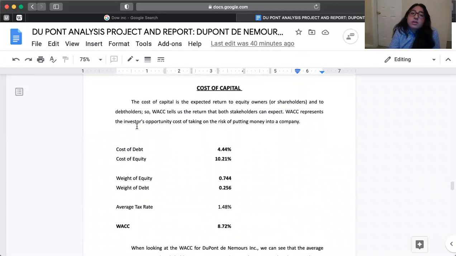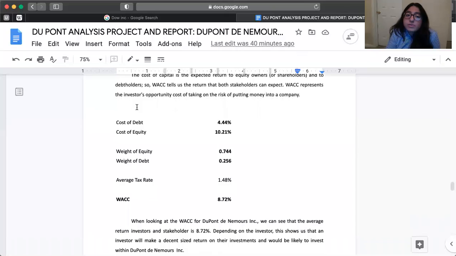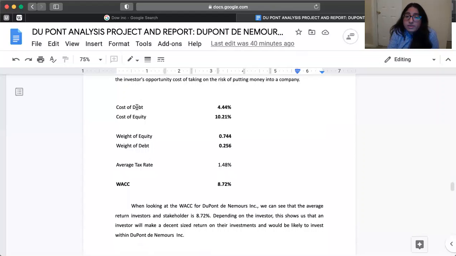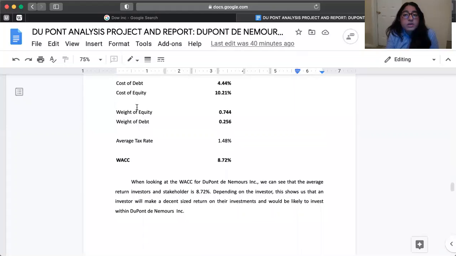Now, looking at the cost of capital, the cost of capital is the expected return to the equity owners and to debt holders. So WACC tells us the return that both stakeholders can expect. WACC represents the investor's opportunity cost of taking on the risk of putting money into a company.